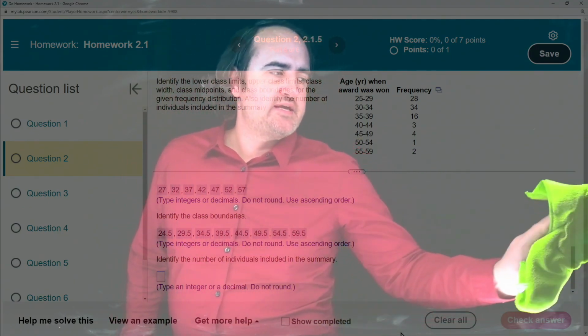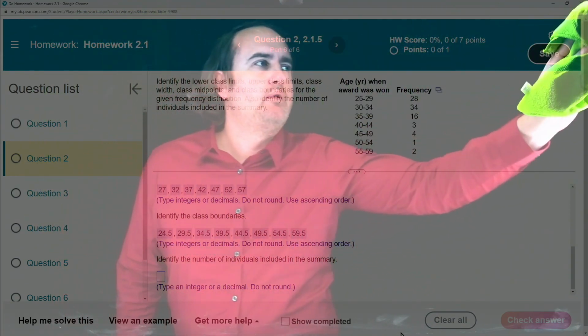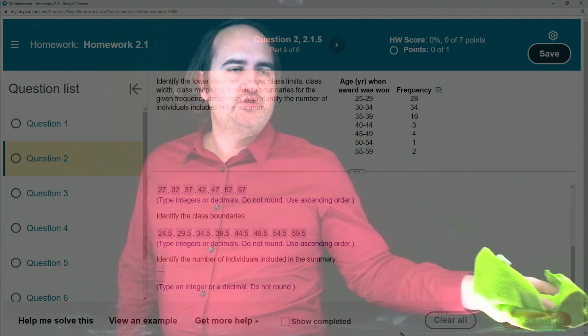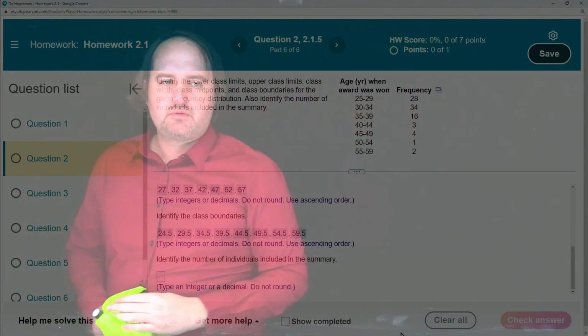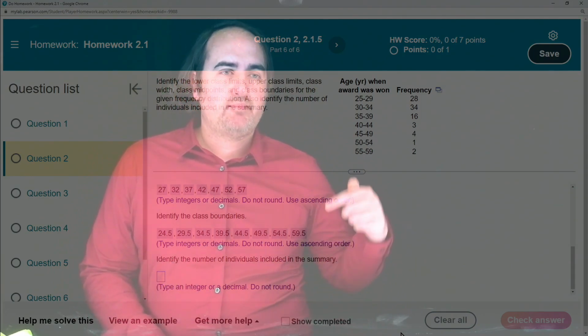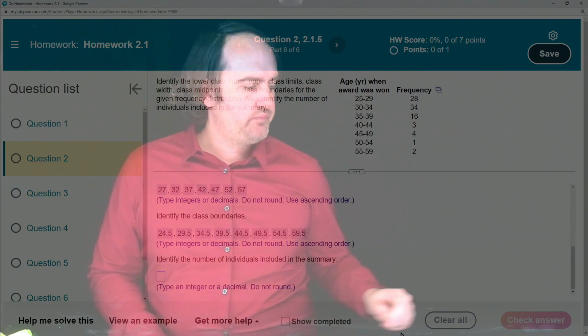So like in our example in my other video from 2.1, we found that there were a total of 50 individuals in the summary, or 50 data values. But we also got 50 by just adding up all the frequencies. So we can do the same thing here.